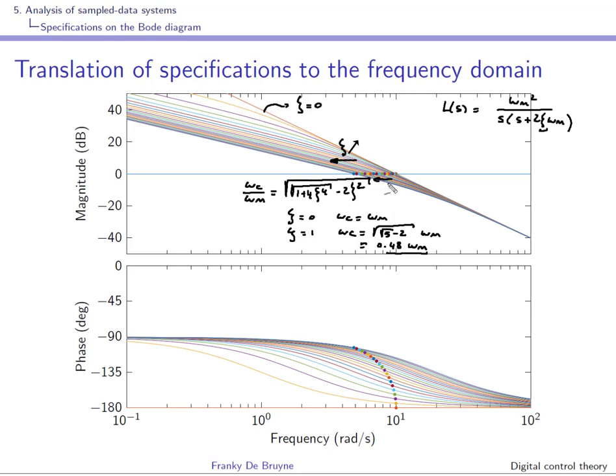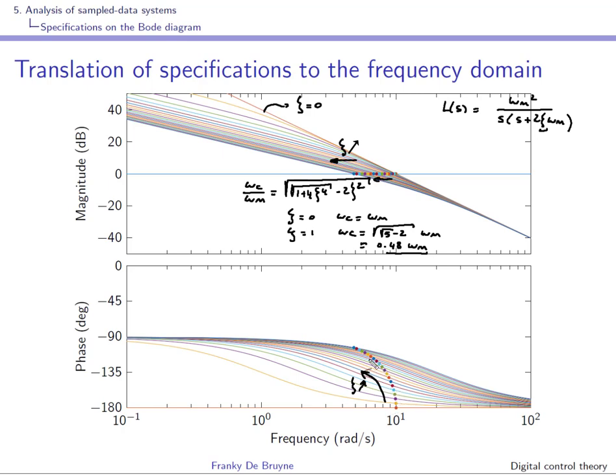So you can see here clearly that when the damping ratio is increasing, the ratio omega c over omega n is decreasing from a value of 1 to approximately 0.48. You can see also, and this is here zeta increasing, that the phase shift in the Bode diagram of L is decreasing.